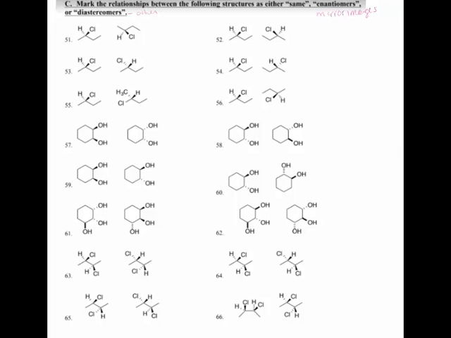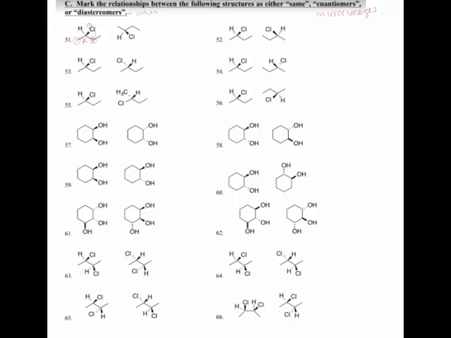When you only have one asymmetric center, they're either the same compound or they are enantiomers. When you have a compound that only has one asymmetric center, it might be easiest to just name them. Name the R and the S of the asymmetric center. So here I have an H pushed to the rear and I'm rotating clockwise.